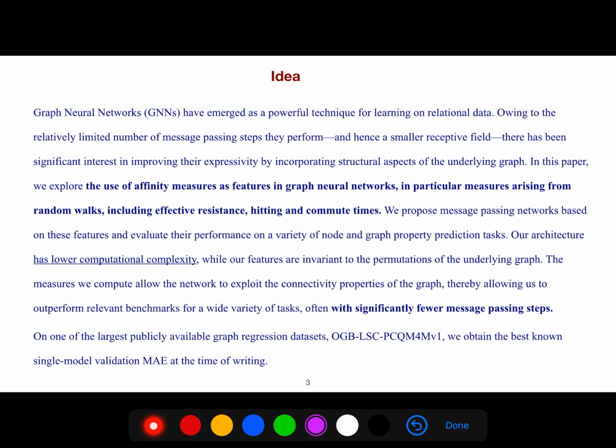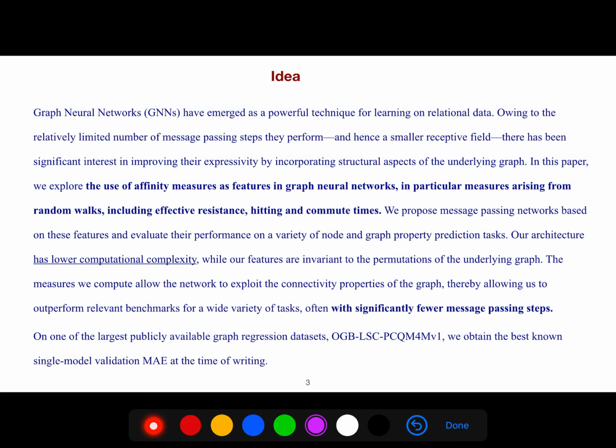We propose message passing networks based on these features and evaluate their performance on a variety of node and graph property prediction tasks. Our architecture has lower computational complexity, while our features are invariant to the permutations of the underlying graph.